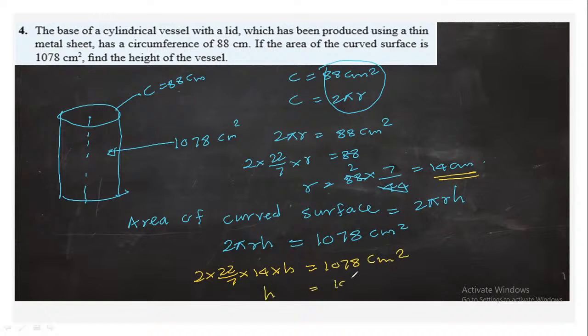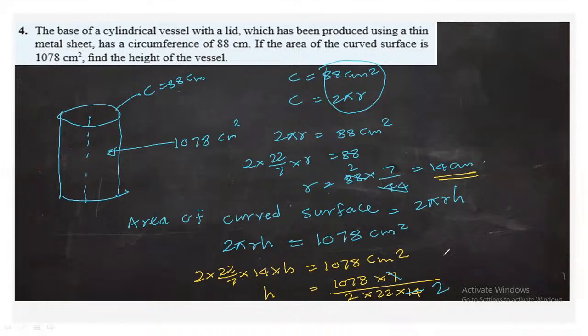Height equals 1078 divided by 2 into 22 into 14 over 7. Now cancel this 7 and this 14 too.